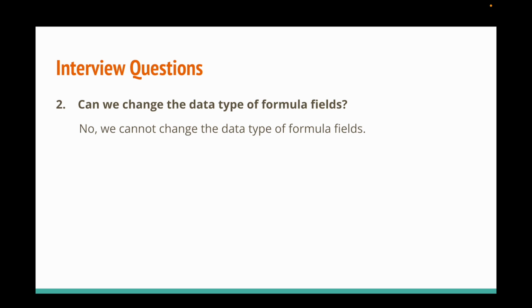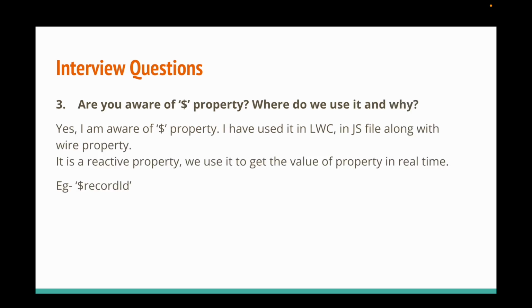So yes, there will be a problem, and that's why it does not allow us to change the data type of formula fields. Now the next question is, are you aware of the dollar sign property? Where do we use it and why? If you have worked on LWC, you will be aware that there is a dollar property which we use in LWC. The answer which I have written is written in my language, the language which I used while giving the interview. Mostly it is the same, just a word or two could differ here and there.